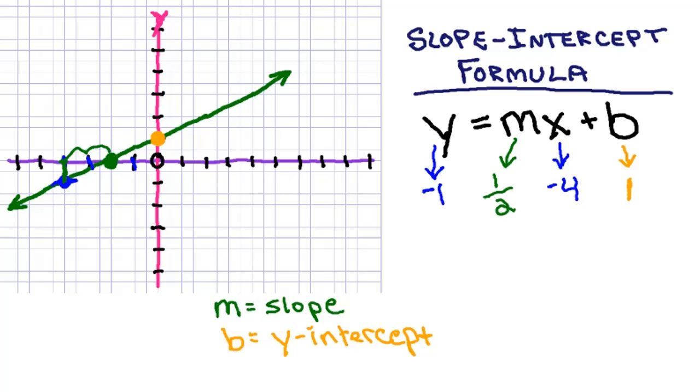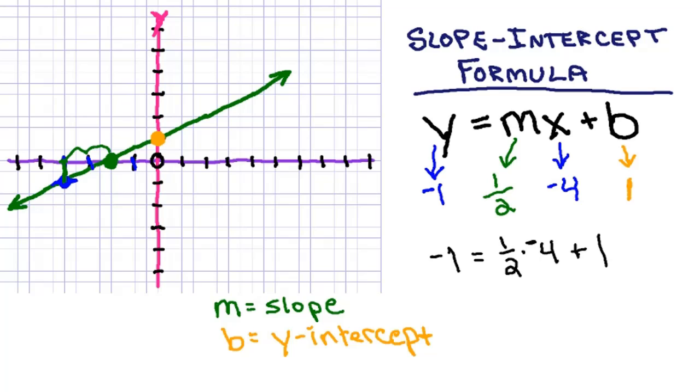So if we write this all out, negative 1 equals 1 over 2 times negative 4 plus 1. That's going to be your slope-intercept formula.